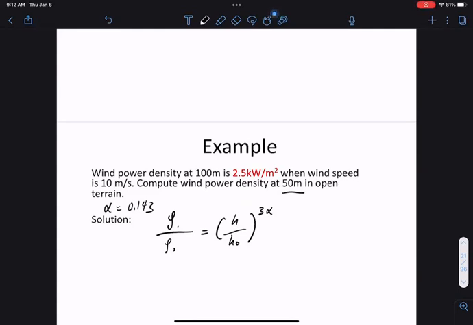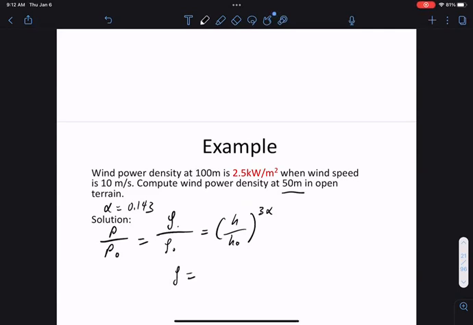It's also changed by a factor of 3 alpha. So the ratio of power is the same as the ratio of power densities, because the areas divide out. So this is h over h naught to 3 alpha.